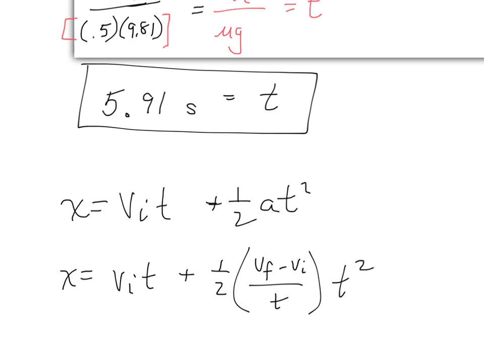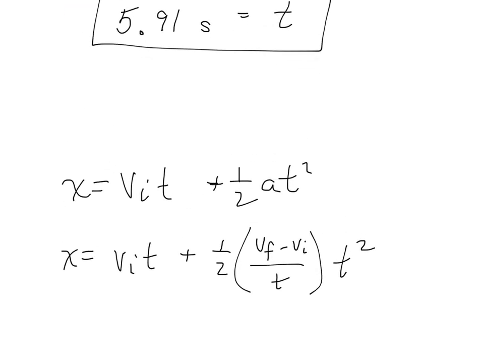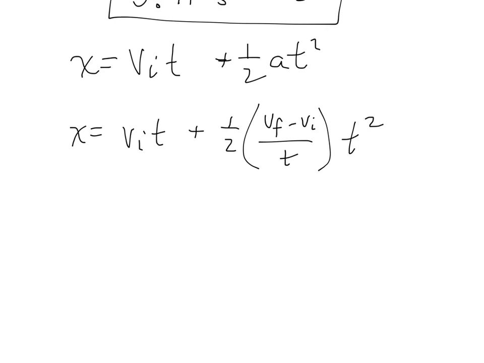And what do you notice happens if I use a generic solution with delta V instead? Makes the problem all in terms of what? It's definitely negative, yeah, absolutely, because VF is 0, so this drops off, making this VIT plus 1/2 negative VI over T squared.